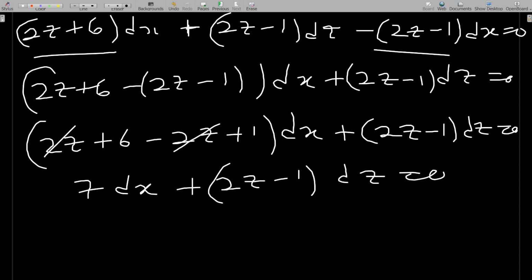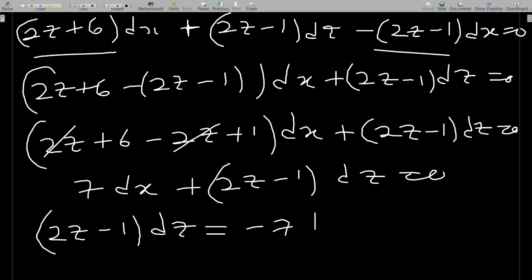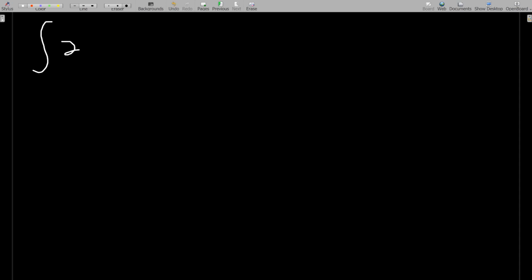So if I take the 7 dx to the other side of the equation, I have (2z minus 1) dz should be equal to minus 7 dx. So I integrate both sides, right? This is very simple. I think this is the cheapest integration you've ever gotten.